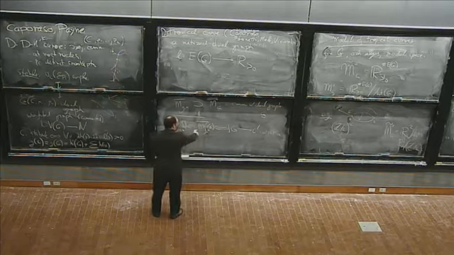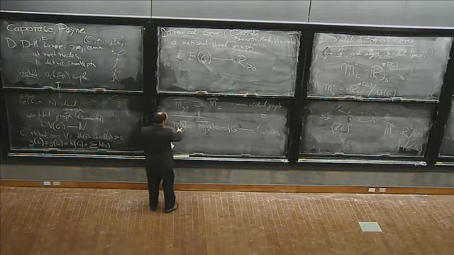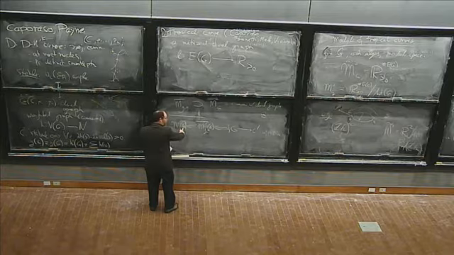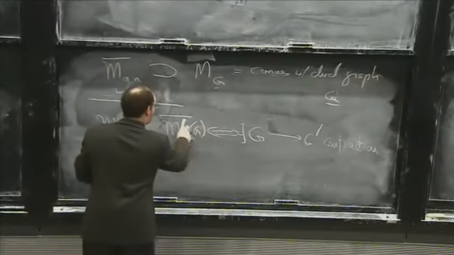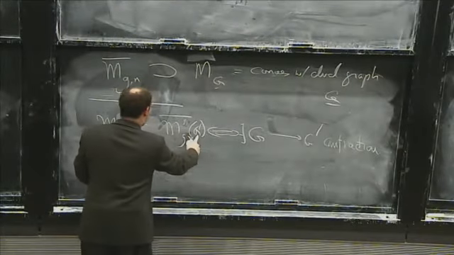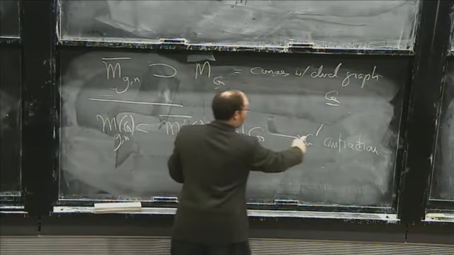So for moduli spaces of curves, if I take the stratum corresponding to a graph G, it's inside the stratum corresponding to a graph G prime if and only if G contracts to G prime.